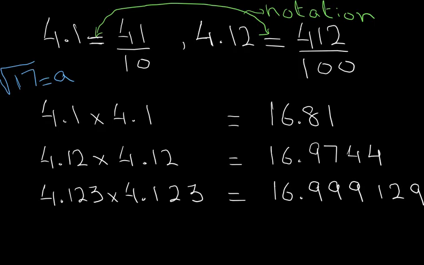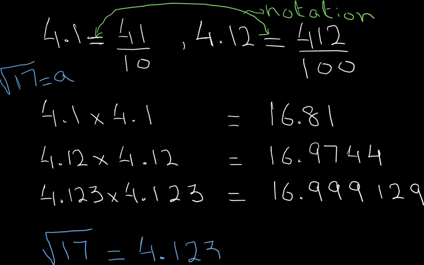And if we go on, we can find better and better approximations to a such that a times a is getting closer and closer to 17. So maybe we can define the square root of 17 to be a number which seems to go on forever.